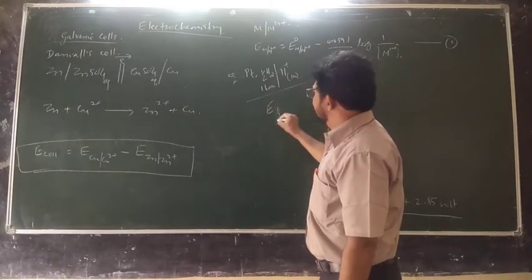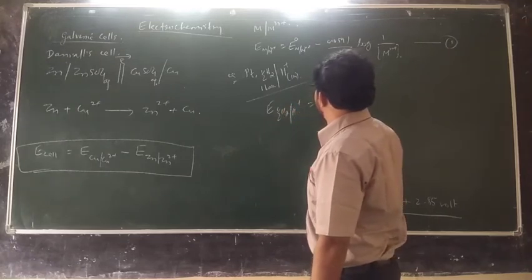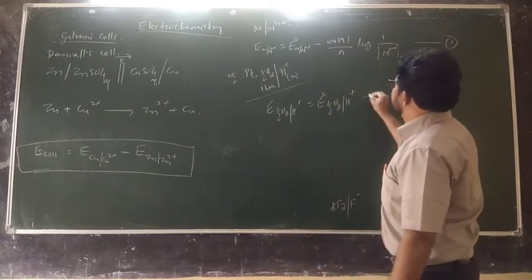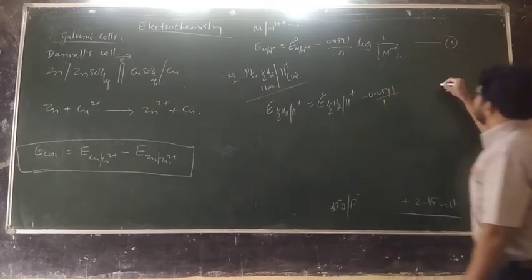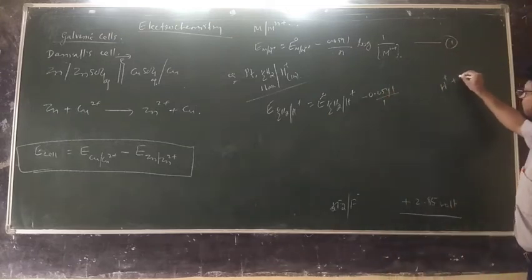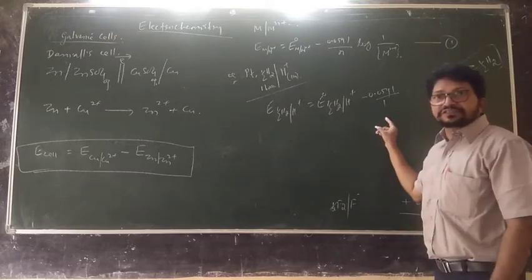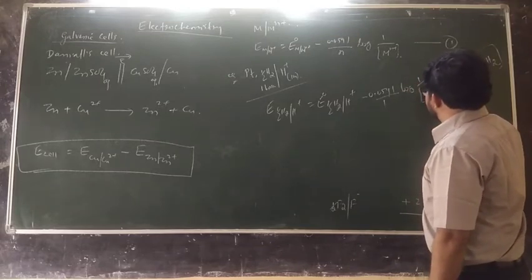E of half H2, H plus is equal to E naught of half H2, H plus, minus 0.0591 by 1, because H plus plus 1 electron becomes half H2. So the number of electrons lost or gained is 1, log of 1 by H plus.